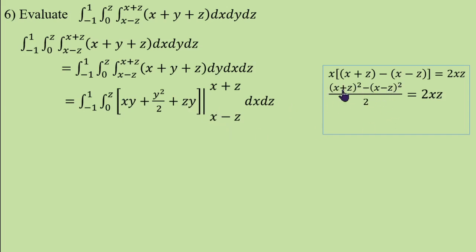So it's very simple. x plus z square is x square plus 2xz plus z square. x minus z whole square is x square minus 2xz plus z square. When you subtract, x square and z square cancel, 2xz minus 2xz. So totally 4xz by 2, that is 2xz.